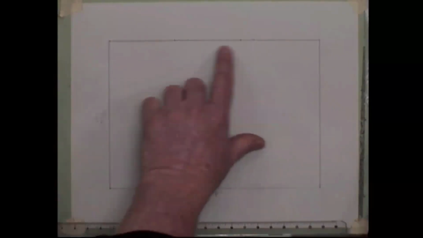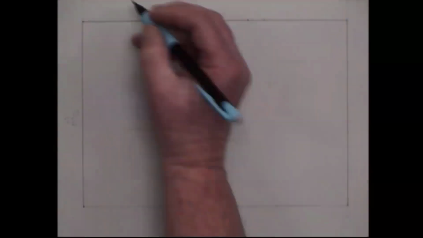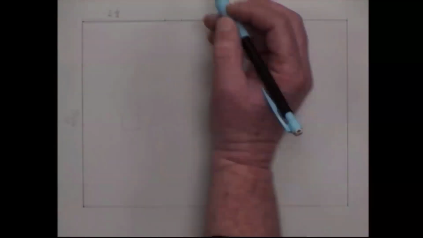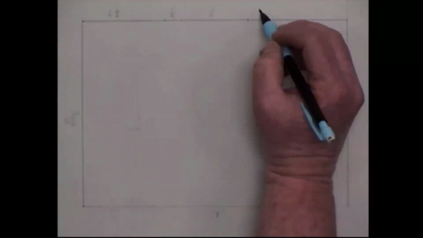And you can see my marks up here. So just for your sake, I'm going to put the dimensions on here. This was 2.5. This was 1/2. This was 2.